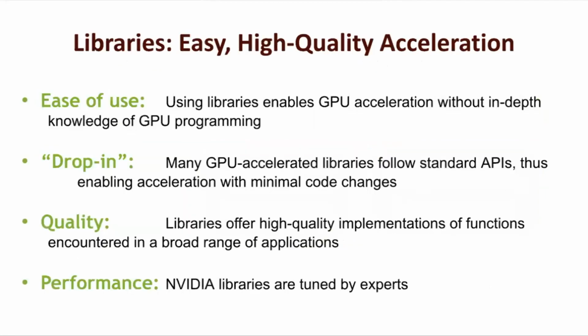So for libraries, the benefits are very obvious. They're easy to use, they're drop-in, and the quality is very good, because no one can beat NVIDIA in writing NVIDIA libraries. The performance is also almost guaranteed. It's tuned by experts, and it's always hard to beat the performance of NVIDIA libraries.